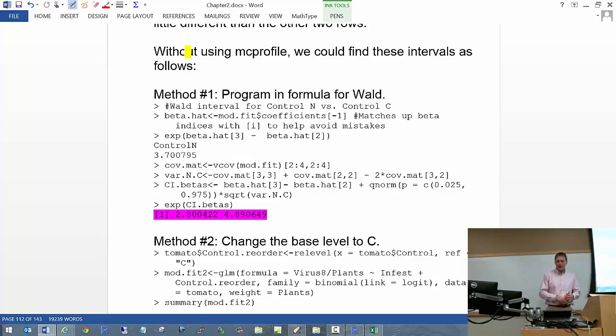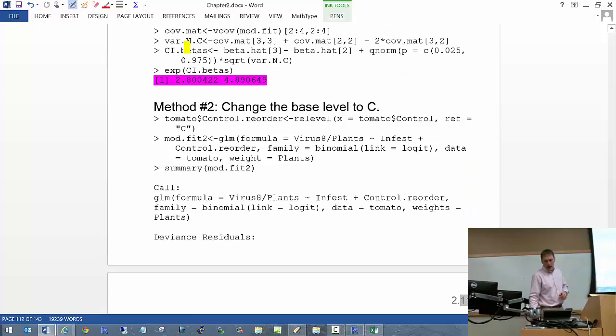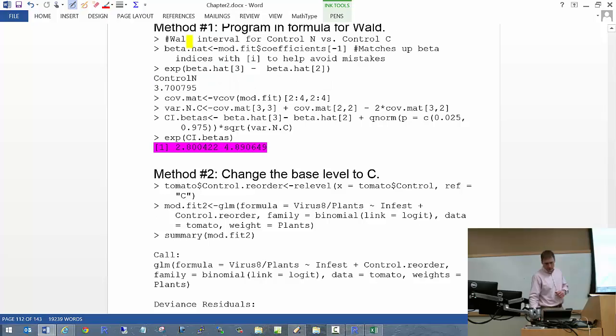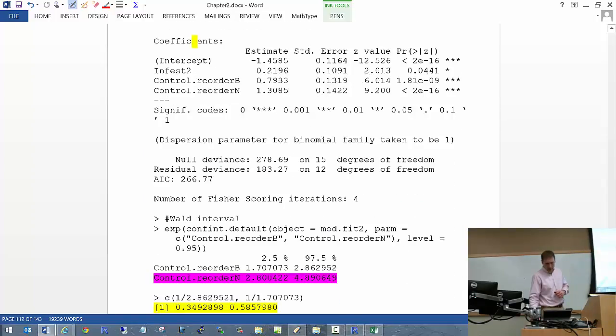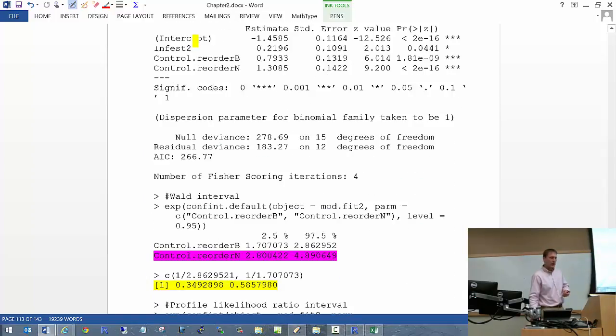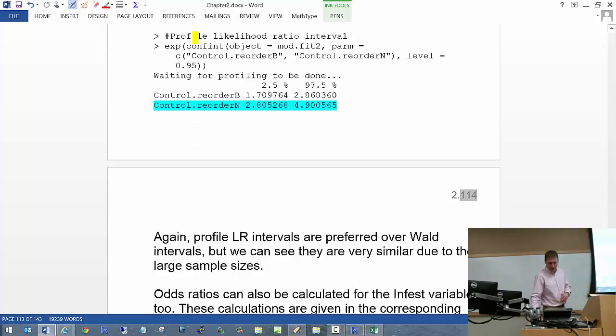This essentially is what that's doing. I think it's more difficult to do it that way, but you're welcome to do it. Also, I give a little trick of how to find these intervals without MC profile, in terms of all the profile likelihood ratio intervals. You can take a look at that on your own.